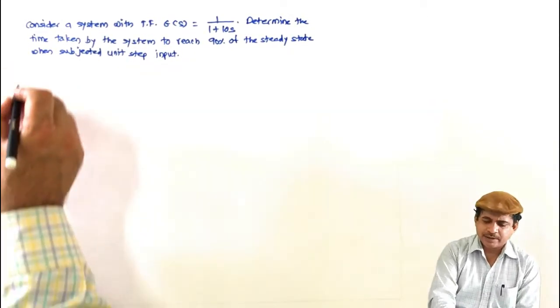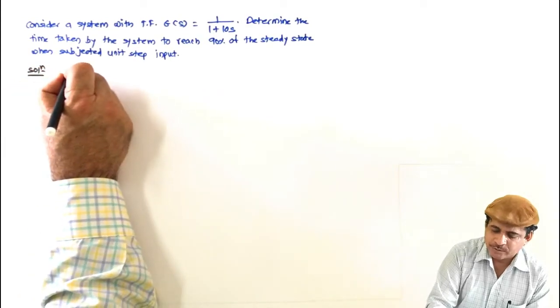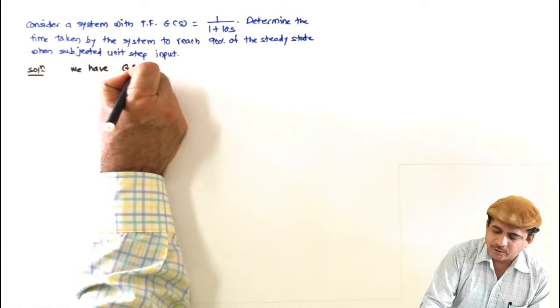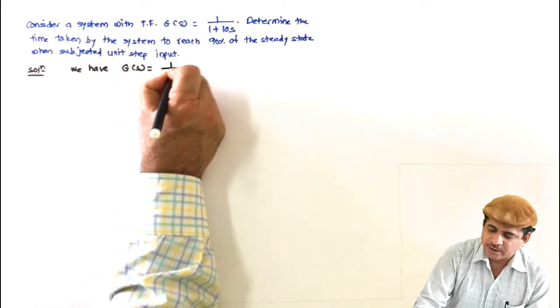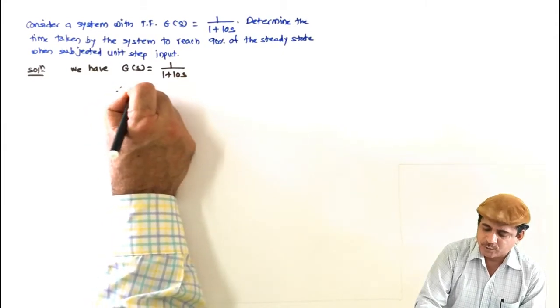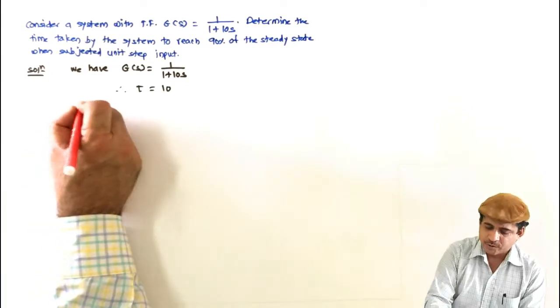So it is very simple. What we have is g of s is equal to 1 upon 1 plus 10s. So tau is equal to 10. This is the first thing that we know.